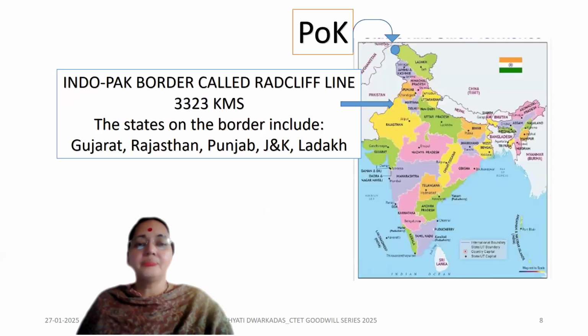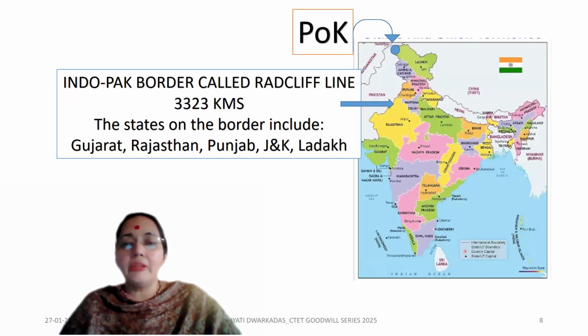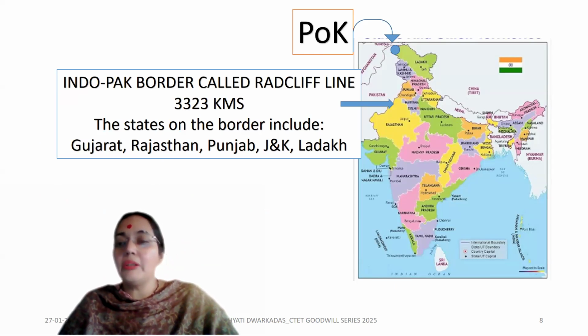Moving ahead. Now look at this. I'm showing you the Indo-Pak border here, or the India-Pakistan border, where the blue arrow points. And this border is called the Radcliffe Line. This border is 3323 kilometers long. The states that are included on the Indo-Pak border are Gujarat, Rajasthan, Punjab, Jammu Kashmir, and Ladakh.